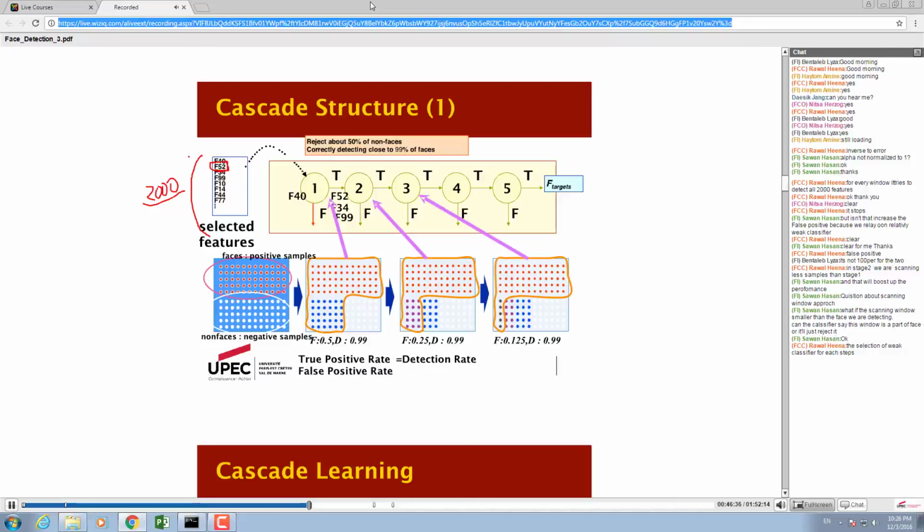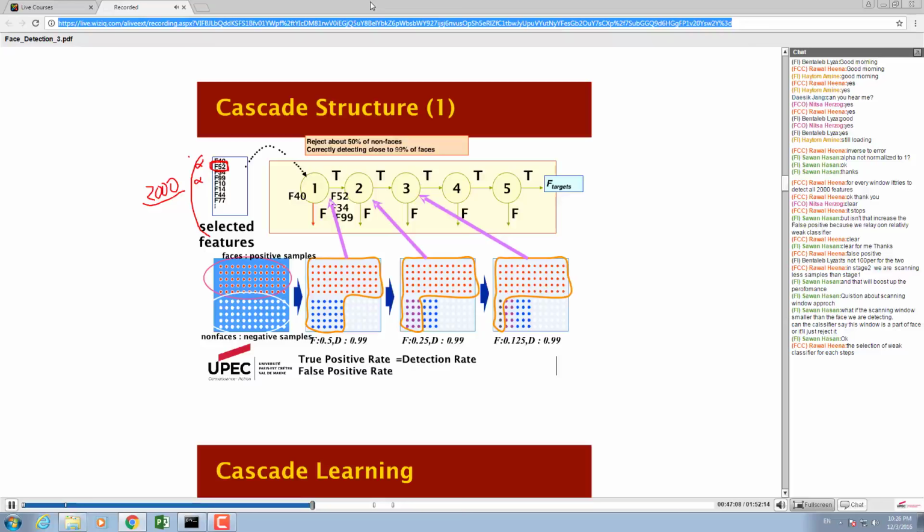They are good, but every single classifier, F40 is one of them, the topmost one, is not enough for final classification. So that's still weak. But anyway, 2,000 weak classifiers have been selected from the previous AdaBoost training.